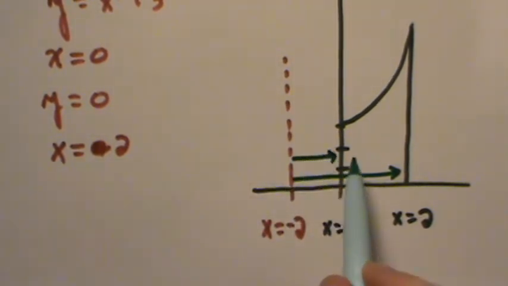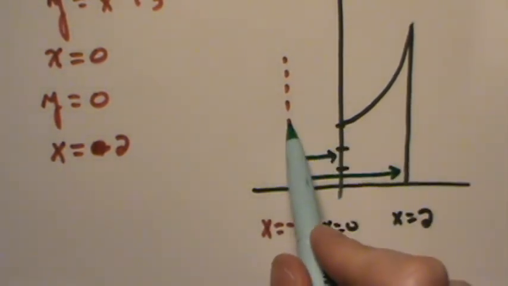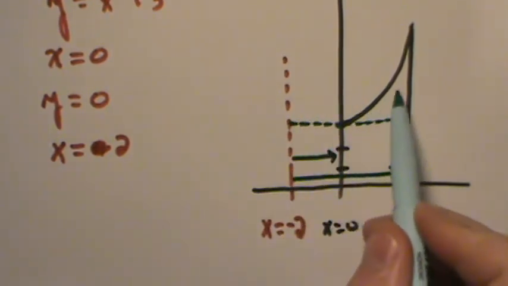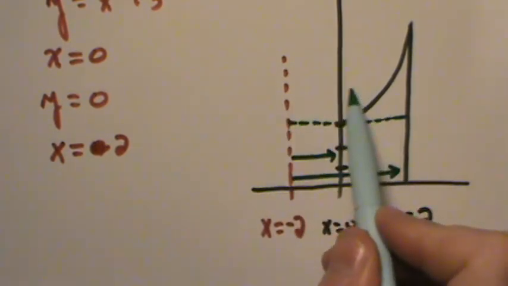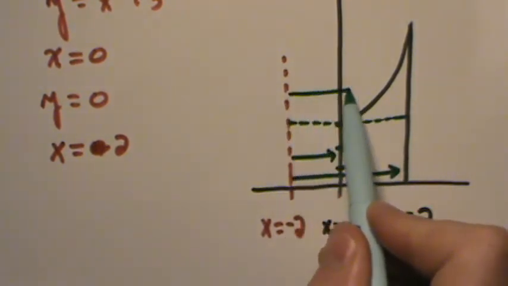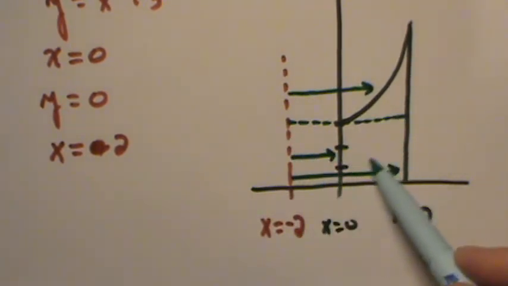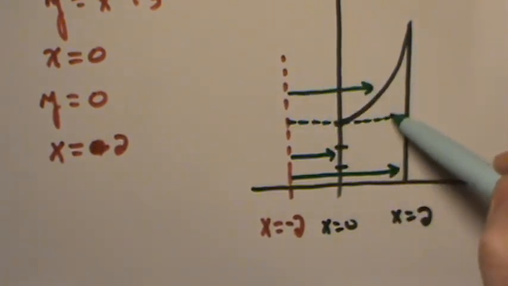I've got a little radii here, which would be this line, and then when I get up to this region right here, the furthest radius is still going to be this line here at x equal 2, but then it changes to this curve. So that's telling me that this would be one volume that I'd have to set up, and this would be a second volume that I would need to set up.